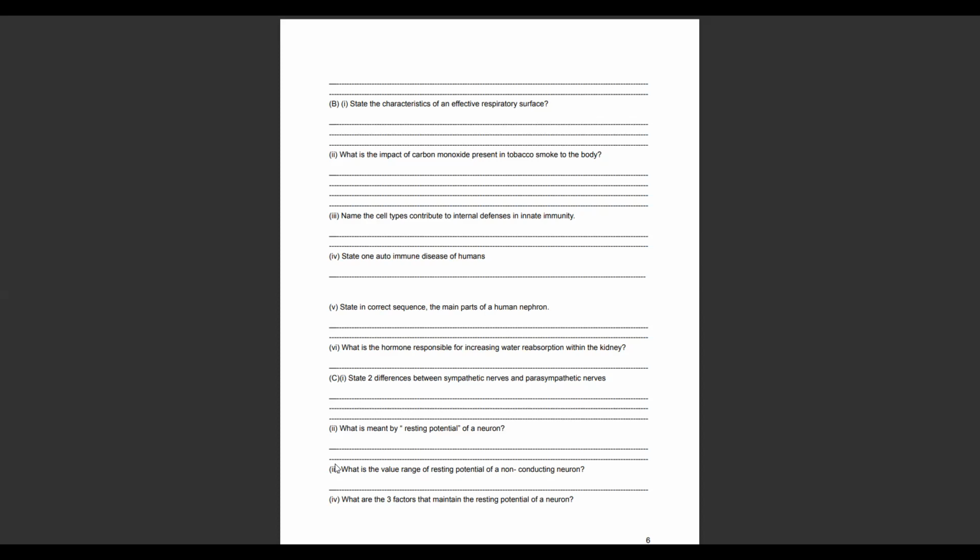Next one, it should possess a large surface area to allow a sufficient volume of gases to be exchanged according to the organism's need. Last one, it should possess a good blood supply, right? Must be permeable and wet, should be thin, there should be a large surface area, and should possess a good blood supply. 4 marks.